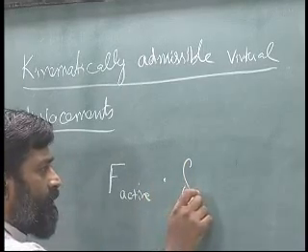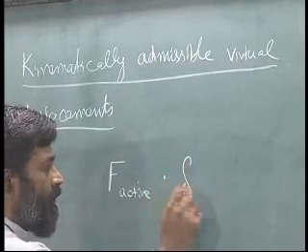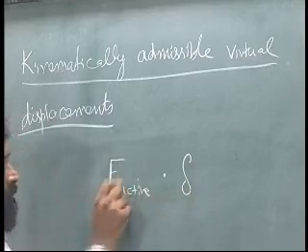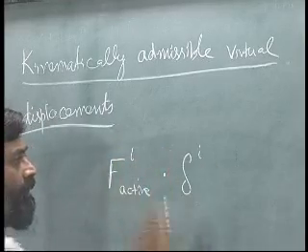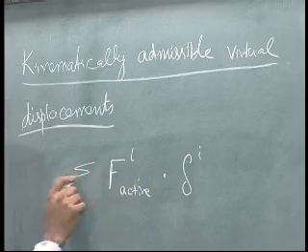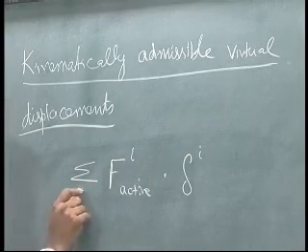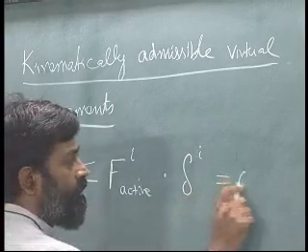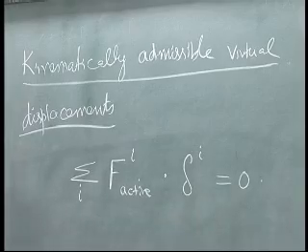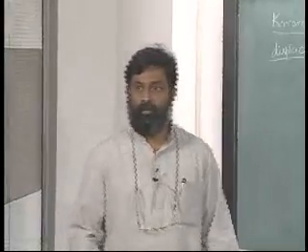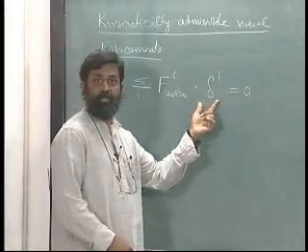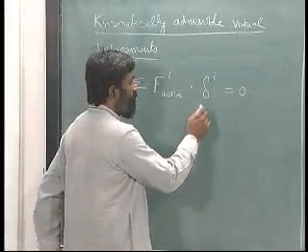Let us call them Fi delta I, and the summation of all these over I should be equal to 0. That is the virtual work method. Since this is a virtual displacement, we will call this virtual.